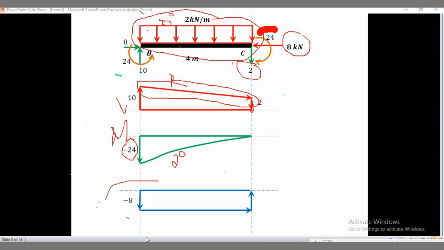As for my axial force diagram, parang dun sa slide kanina, dito is the tension, and dito si compression. Compression si member BC. Bakit? As you can see here in the diagram kasi, yung ating direction ng 8 kilonewtons ay towards the joint.